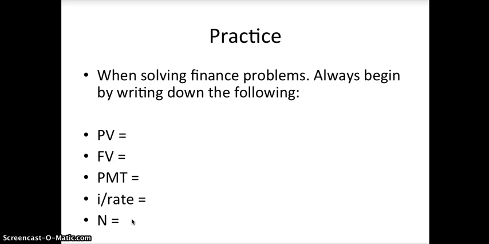But for now, just focus on these 5 things, drill them into your head, understand what PV represents, what FV represents, what payments represent, interest rates and periods. And that will really give you a jump start on being able to read questions, understand how to sort of piece together the solution that you're looking for, and we'll pick up, as I said, with some present value questions in the next video.